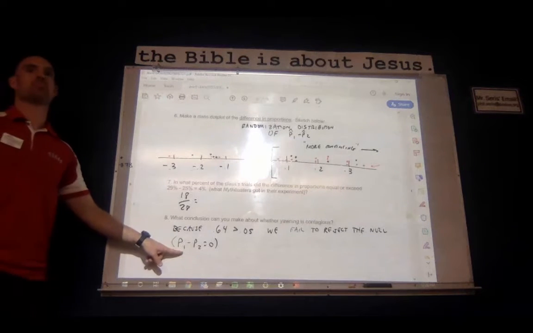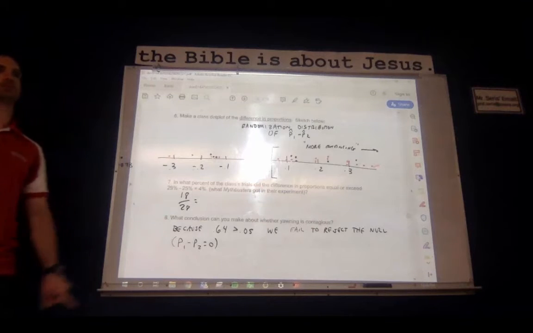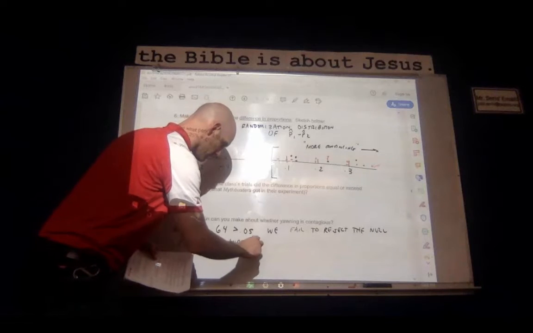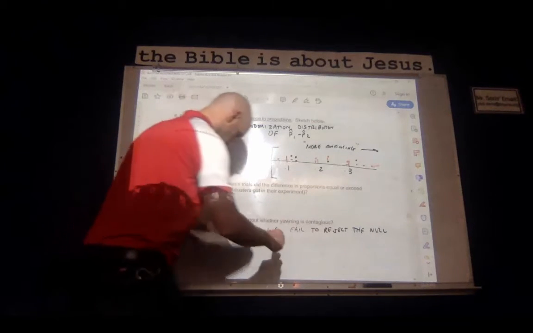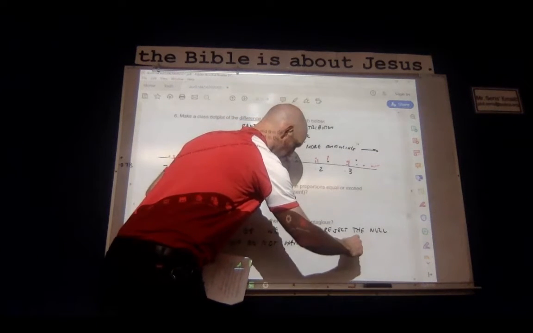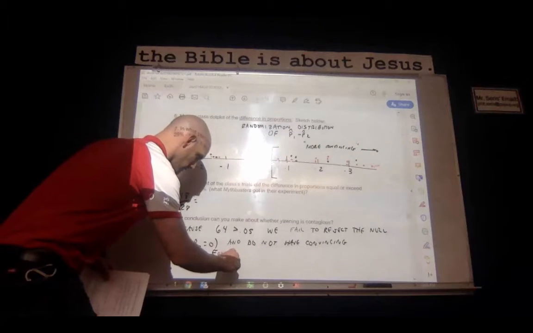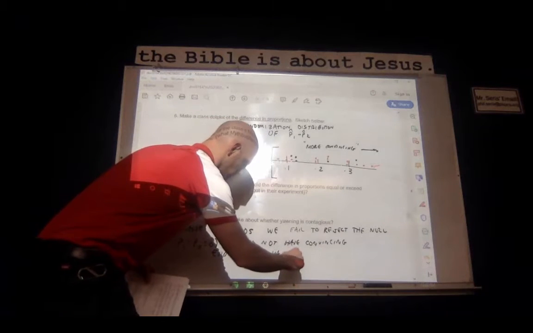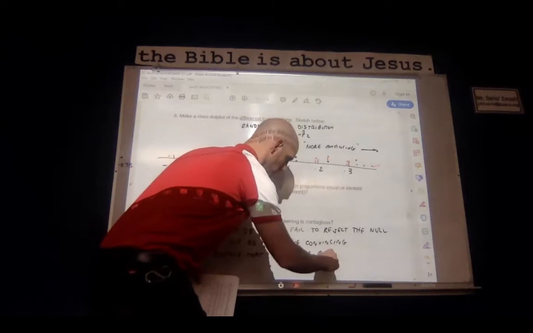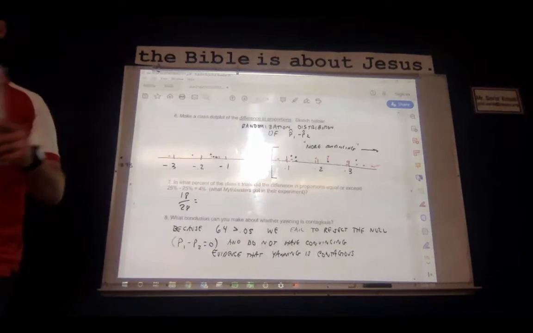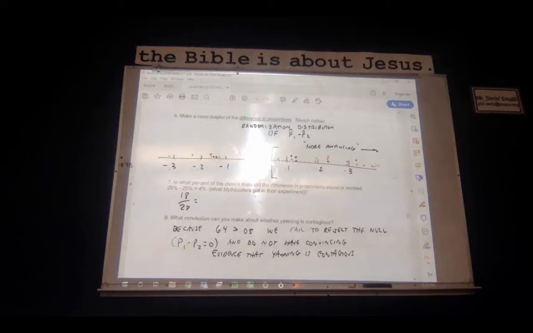We do not have enough evidence. We do not have convincing evidence that yawning is contagious because their results could have happened by chance.